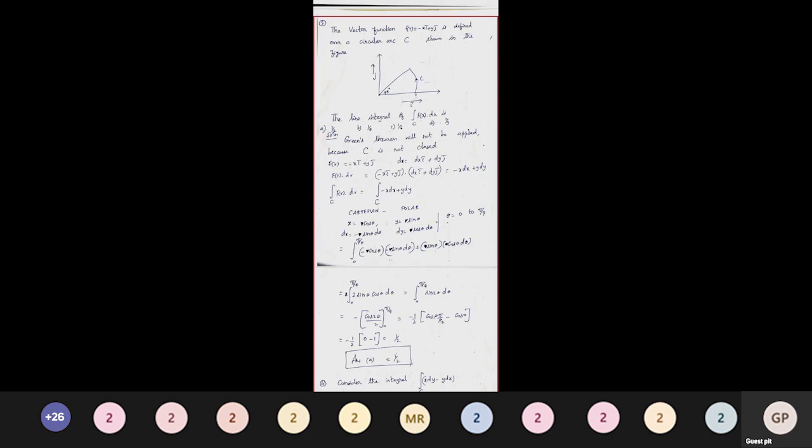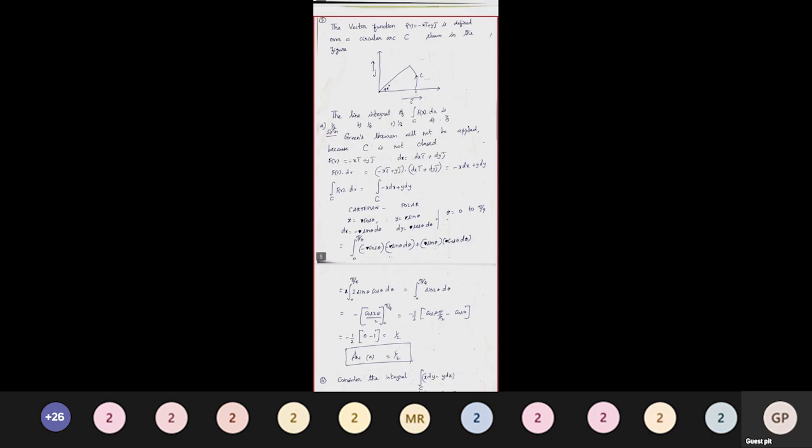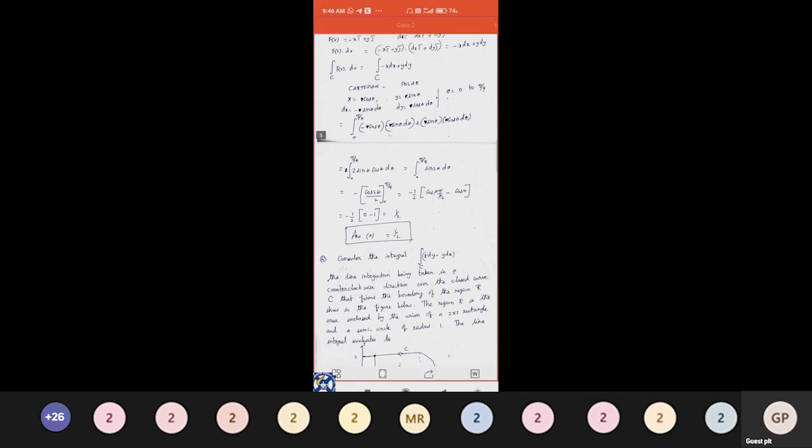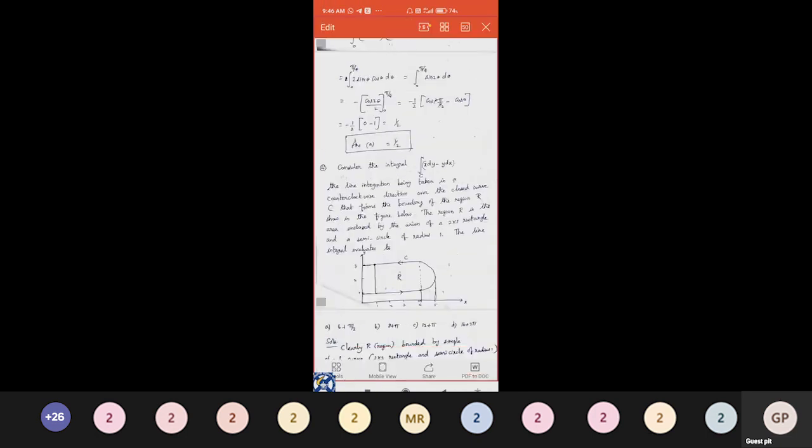Cos 2 into the upper limit, theta replaced by pi by 4, so cos 2 into pi by 4, minus the lower limit cos 0. Now 2 cancels with the 4, and you get cos pi by 2 minus cos 0. Cos pi by 2 is nothing but cos 90. We know that cos 90 is 0 and cos 0 is 1. So therefore minus 1 by 2 into minus 1 is plus 1 by 2, which is given in option A. So for the given problem, option A is the correct answer.